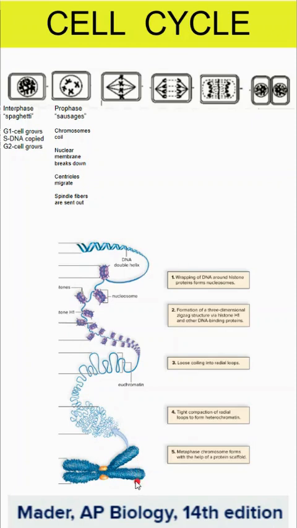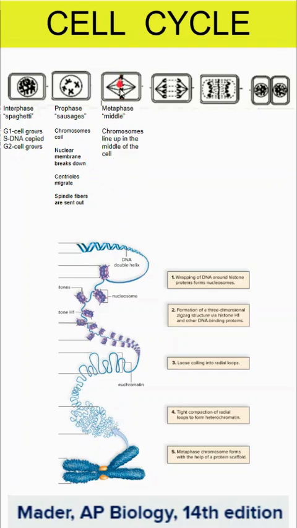And it's at this time when you can see the sister chromatids that had been copied during the S phase. So during prophase, the chromosomes coil up, the nuclear membrane breaks down, centrosomes migrate, and spindle fibers begin to be sent out.